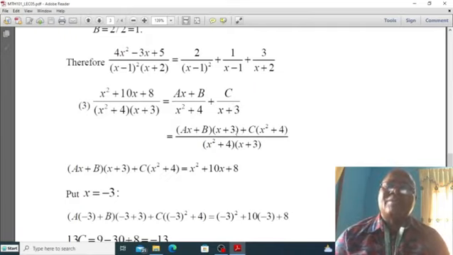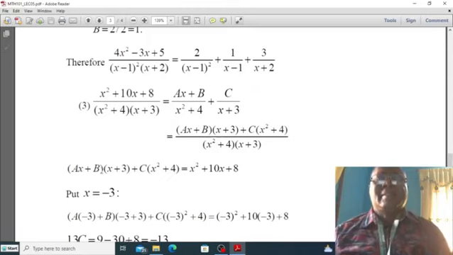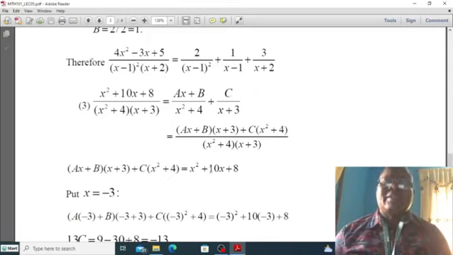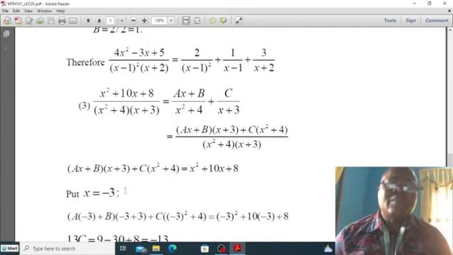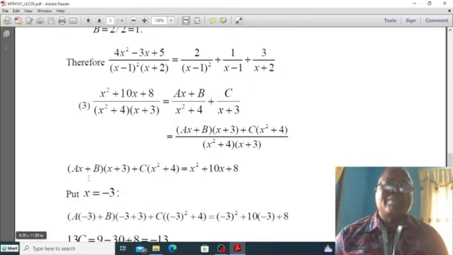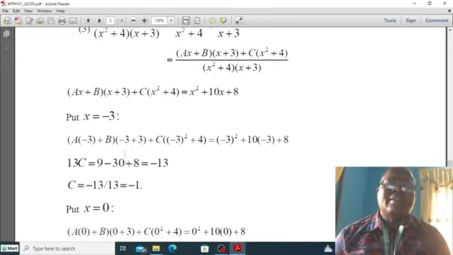You simplify as we have on top, and then we equate the right hand side numerator to that of the left hand side numerator in this form, and then we put x equal to minus 3. In that case, we eliminate a and b straight away, remaining c. So if you put that, you will have this.